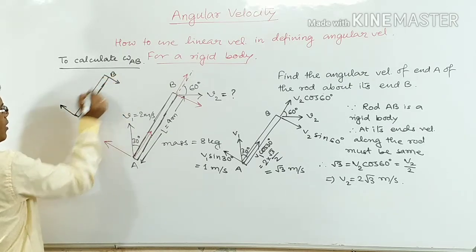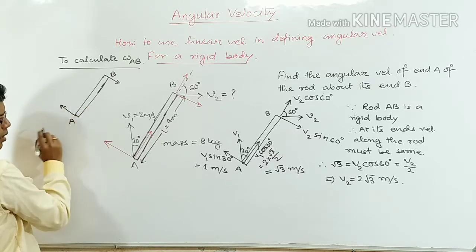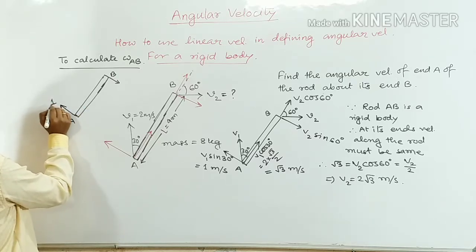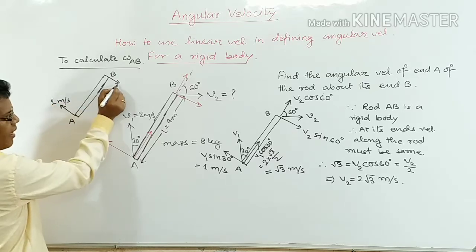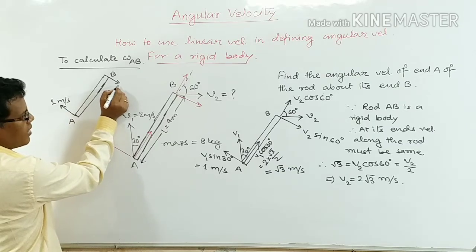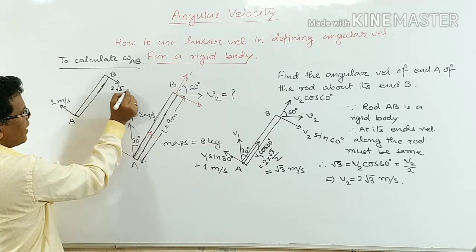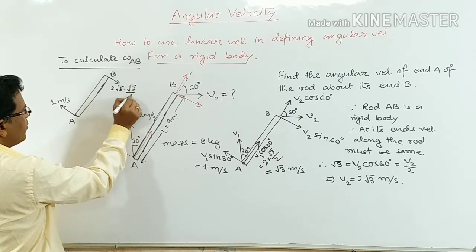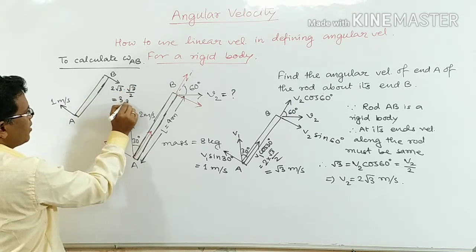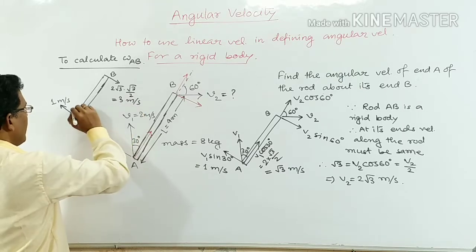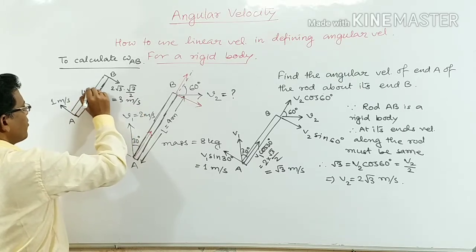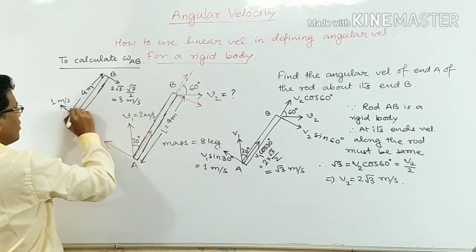At this end it is 1 meter per second, and at this end it is v2 sin 60. We got the value of v2 as 2 root 3, that into sin 60, root 3 by 2, that means it is numerically 3 meter per second, and the length of the rod is given as 4 meter.